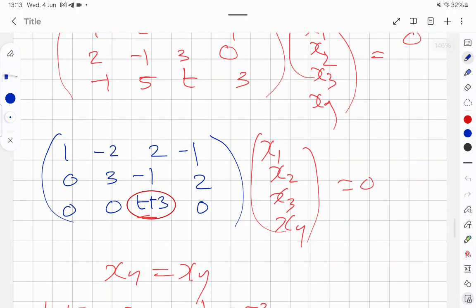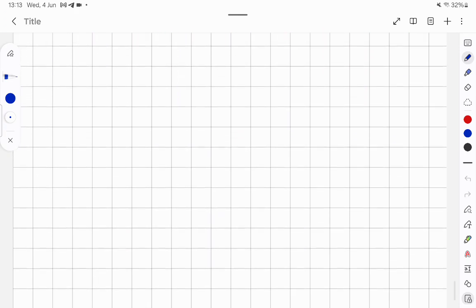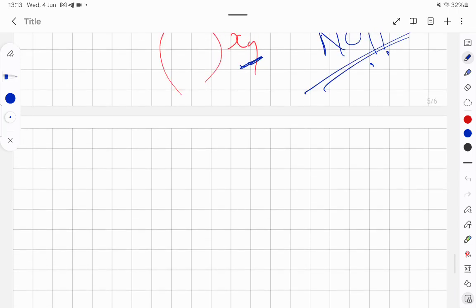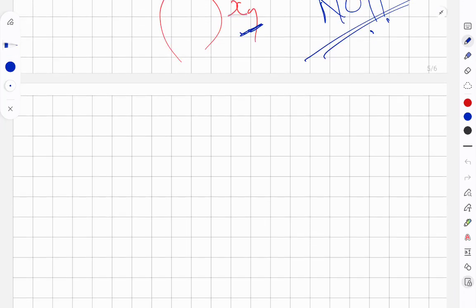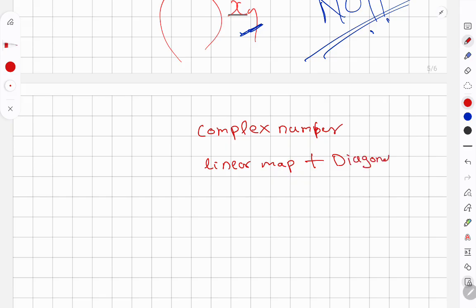Coming back to our original idea, which we are doing right now. Since the professor said that he will also ask complex numbers, I am imagining the first question as complex numbers. The second question as linear maps, plus the concepts of diagonalizable and eigenvectors.